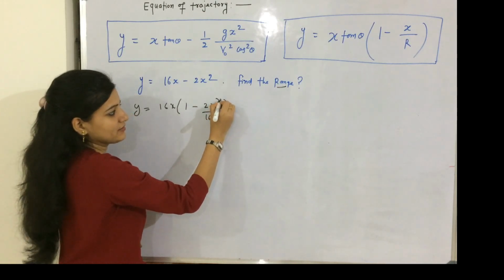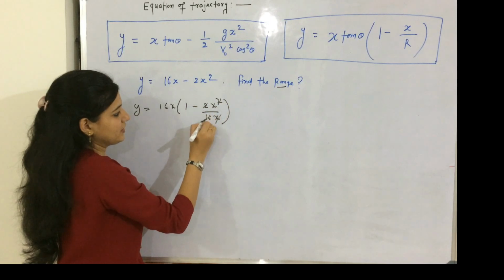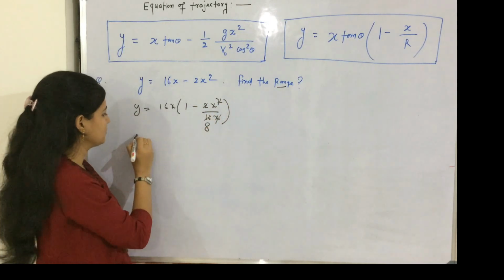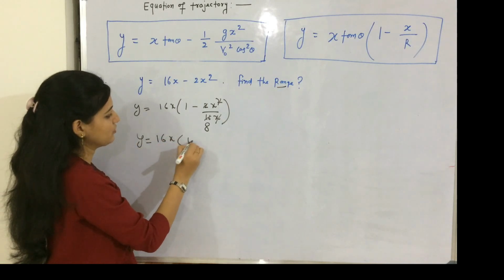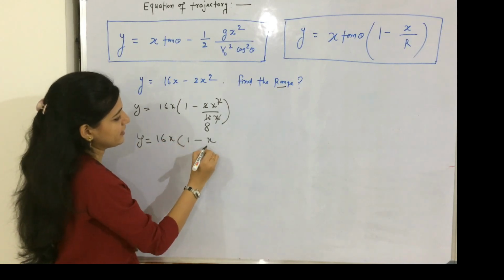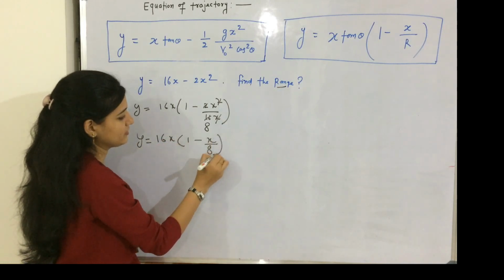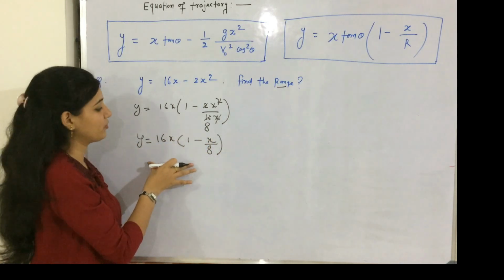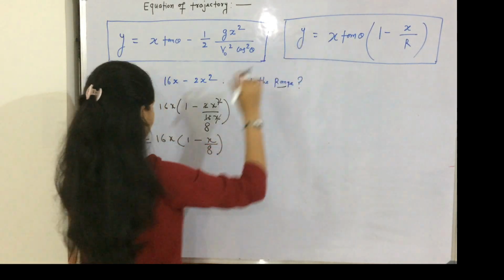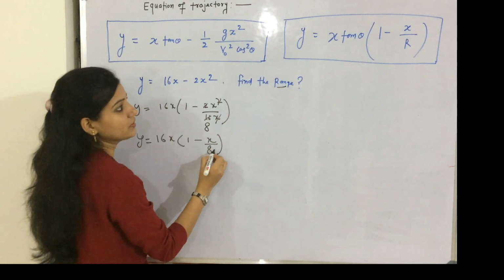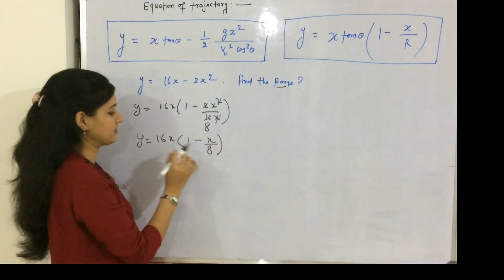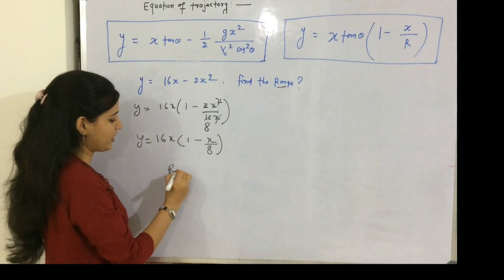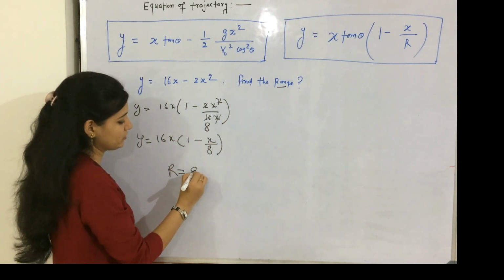So this x will get cancelled, and here it will come as 8. So y equal to 16x times 1 minus x by 8. Now we'll compare this with the formula, and we come to know that R is equal to 8. So R is equal to 8.